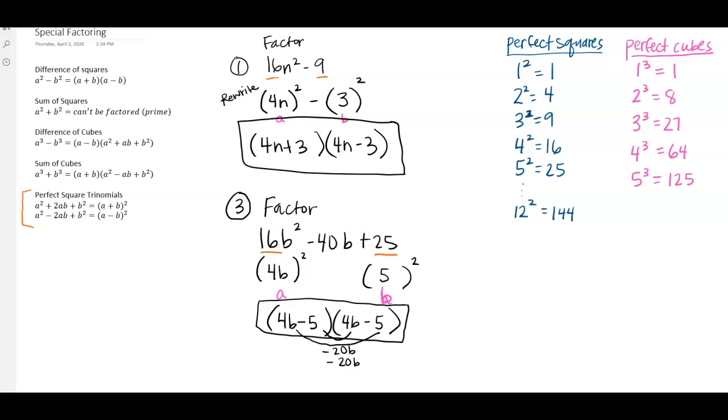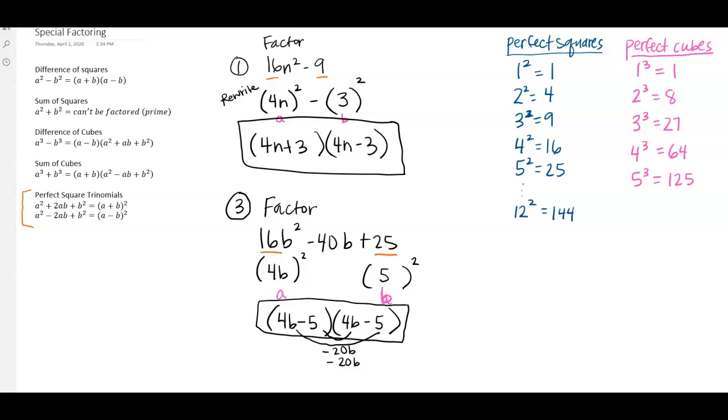So it's easier to use this idea here when you have really big numbers, right? I mean, you could do that AC method that we talked about where you multiply the 16 and the 25 together and then try and do the box method or something like that, but that gets kind of crazy when these numbers are so big like that. And so just take notice, are they perfect squares?